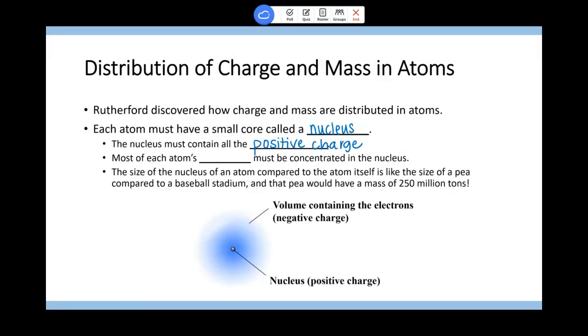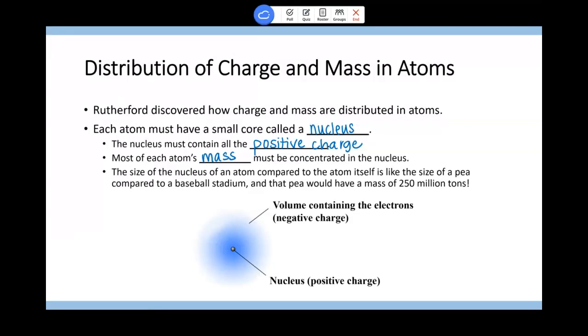And most of each atom's mass must be concentrated in that nucleus. So although the nucleus is at the center of an atom, it contains most of the mass. It's very small compared to the electron cloud, where all of the electrons can exist in an atom.